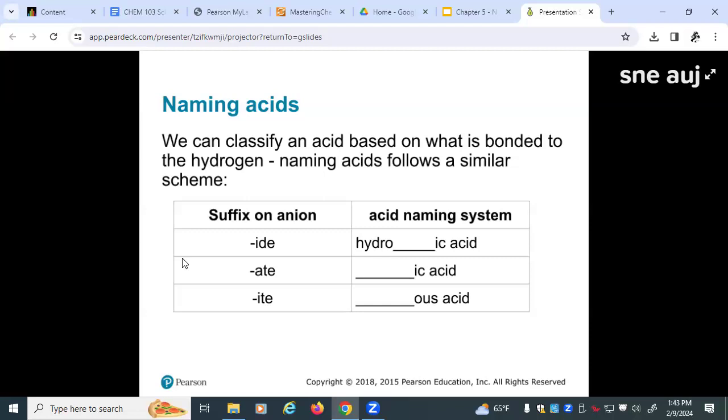Nitrite ion becomes nitrous acid. So ultimately, when we are naming acids, we're looking to fill one of these kinds of slots based upon the name of the ion itself.